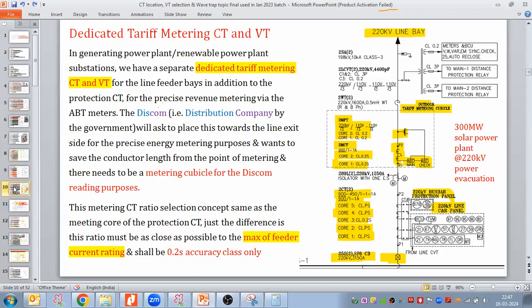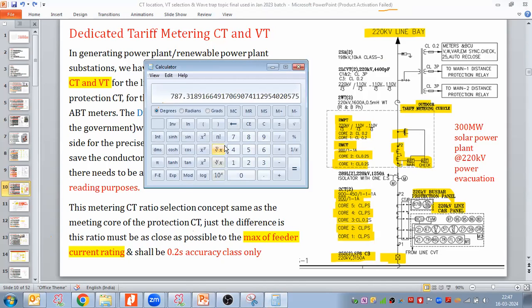Just I want to say, full load current itself is coming 780, we cannot take 800 because power factor also will matter. Even if we consider a 0.9 power factor, the ampere will come close to 880 ampere. No, it should be close to that 900 ampere.